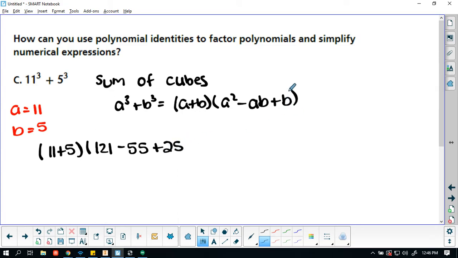Oh, I forgot to put the squared here. What is that? That is 16 times 121 minus 55 plus 25.